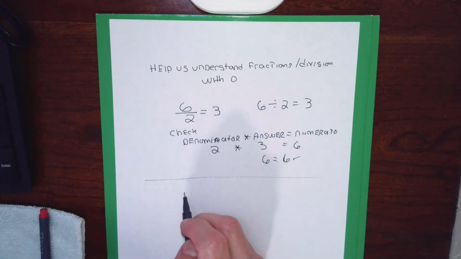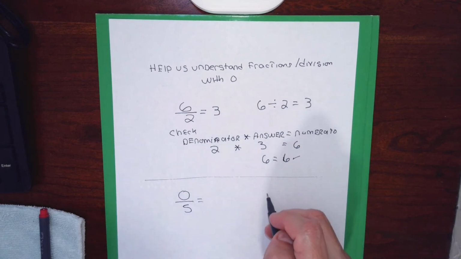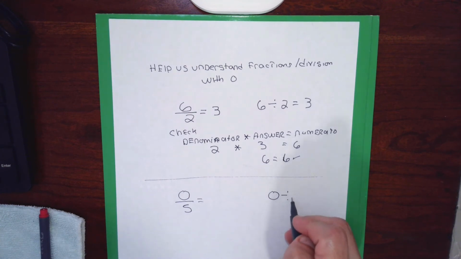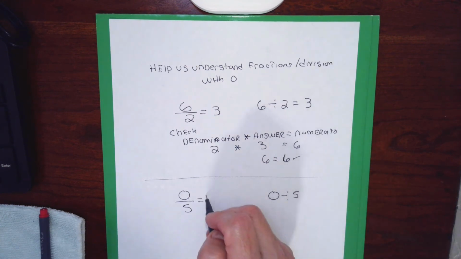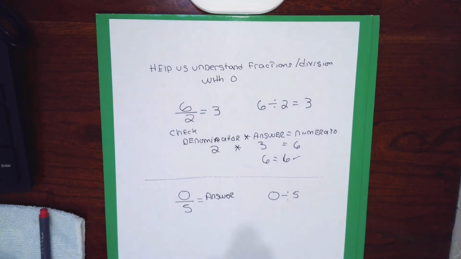Now, let's do a fraction with 0. Let me do a fraction with 0 in the numerator. Let me do 0 over 5, which is the same as 0 divided by 5. And let's say I don't know what the answer is, because I'm not sure. Even calculus students often don't know what the answer is. Well, I know what's supposed to happen.